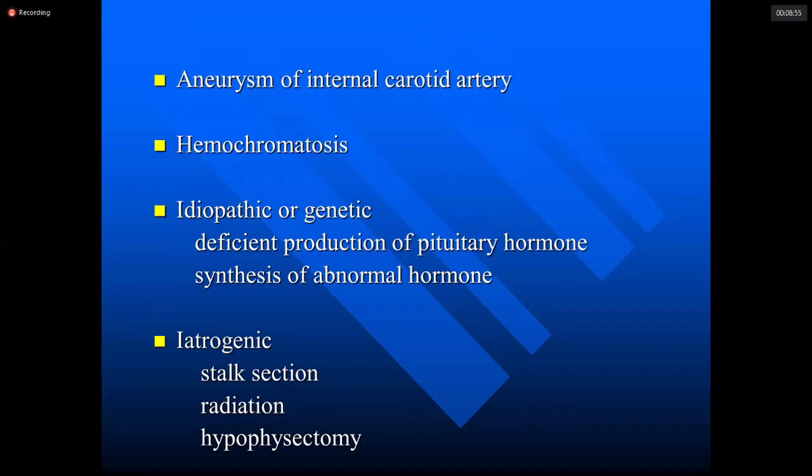It could be genetic or idiopathic, or iatrogenic, meaning after resection of the pituitary tumor, there may be affection of the other normal pituitary cells being resected as well, or irradiated as a part of the treatment options for the pituitary tumor. So it will result in hypofunction of these cells.